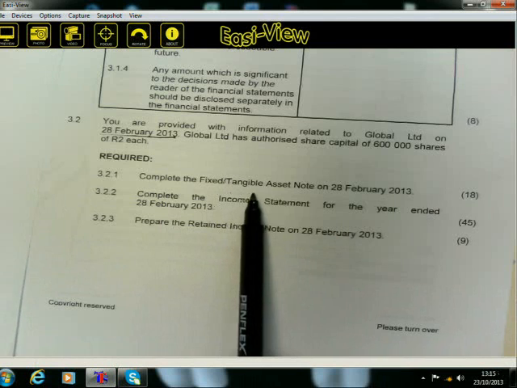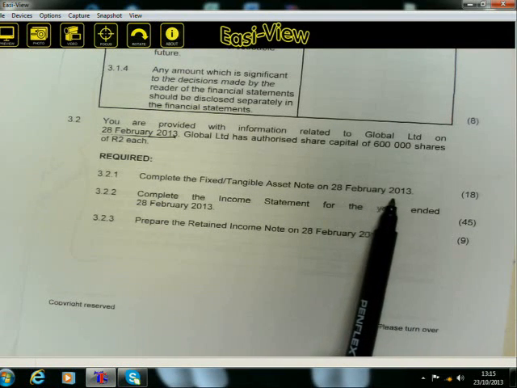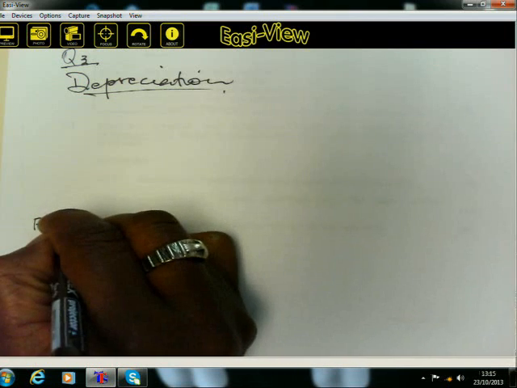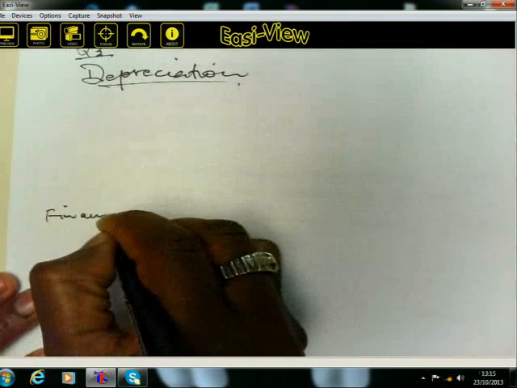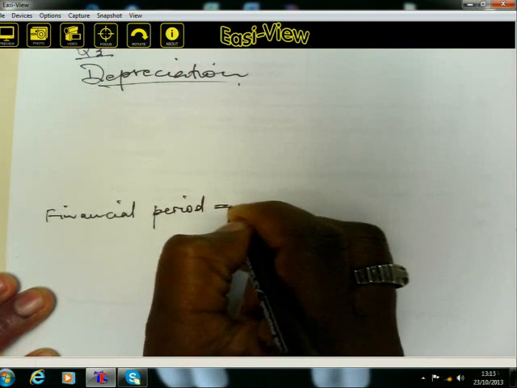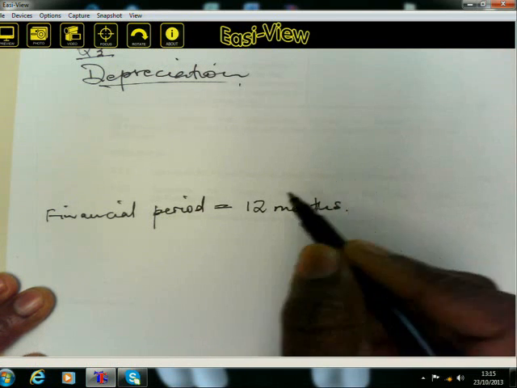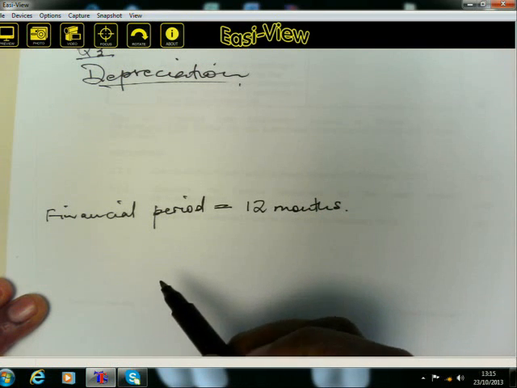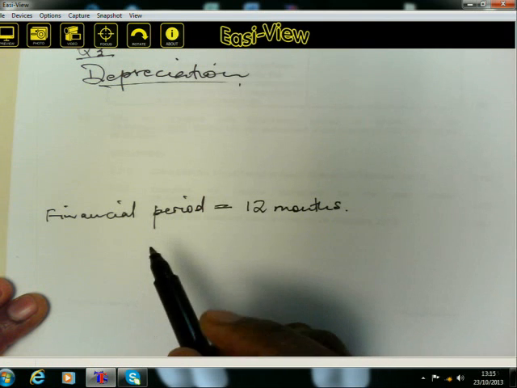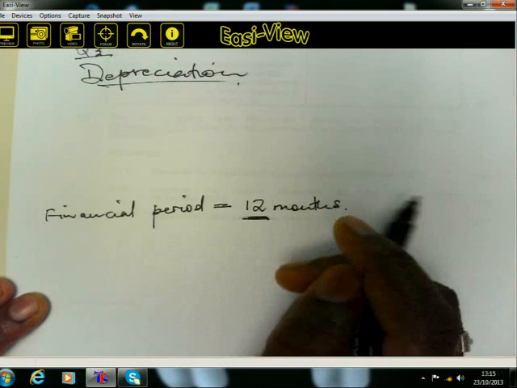Complete the fixed asset note on the 28th of February 2013. We are given the financial period, and what we know is that the financial period equals 12 months. If things were normal, we would have received or paid everything for 12 months.